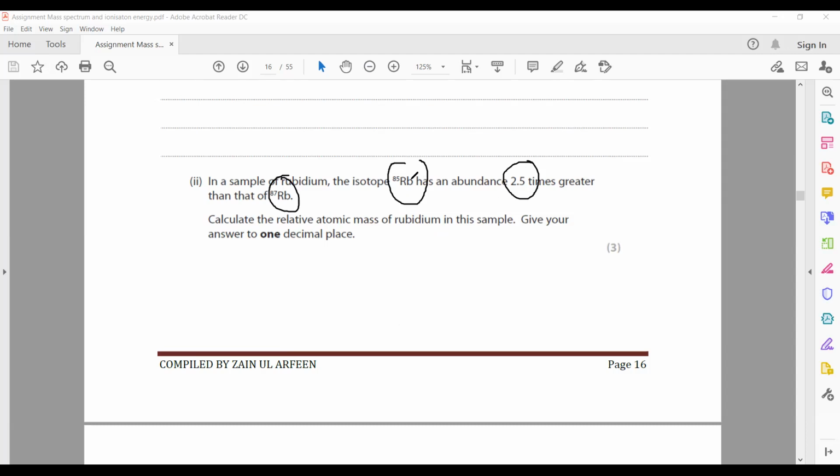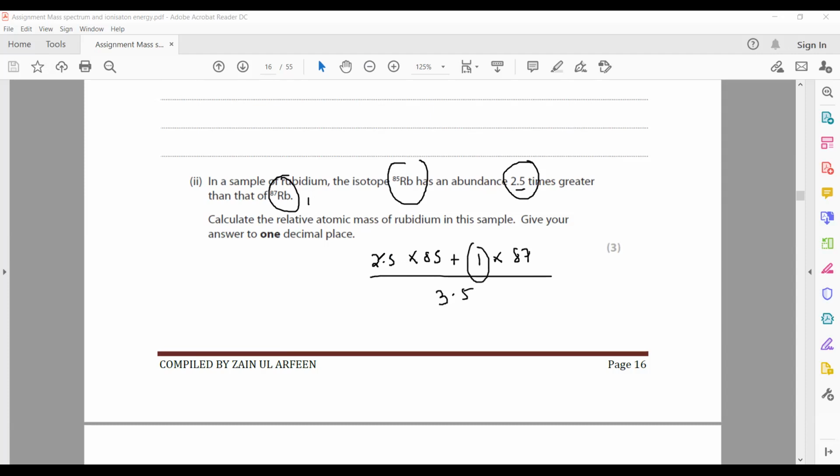Rubidium 85 is 2.5 times higher. So this is 2.5 into 85 plus 1 into 87. Why? Because when you compare, if this was 1, this will be 2.5 times higher. Divided by, what is the sum? So 2.5 plus 1, that's equal to 3.5.